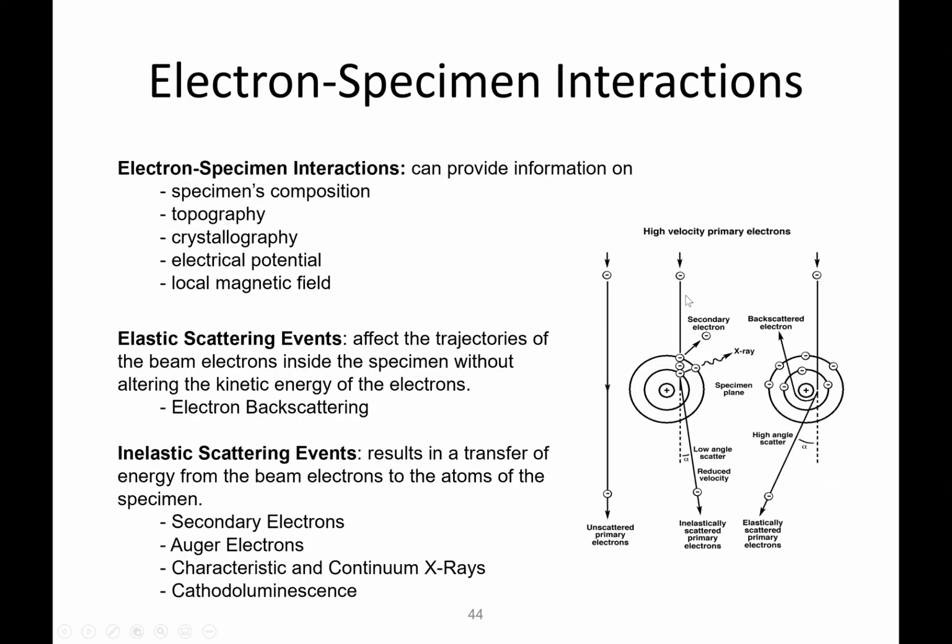This is the incoming electron interacting with the atoms inside. The atom has many electrons, right? When it hits the surface atoms or internal atoms, it takes out an electron from the atom and generates a secondary electron. In some cases it goes deep inside and then comes back. It's called backscattering.